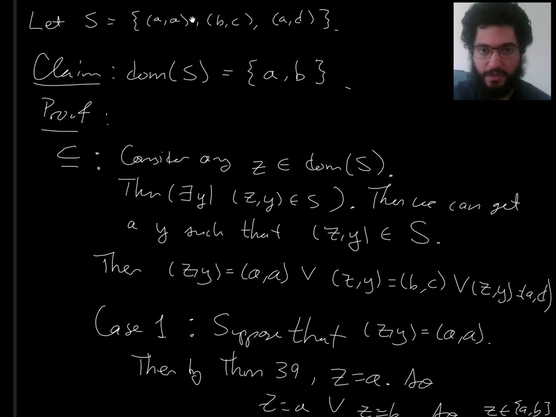S was this list of three pairs. In fact, I have several choices as to what I can use. I can use A itself, or I can use D. Those are both valid Ys. So take your pick. We only need one example. How about A itself?